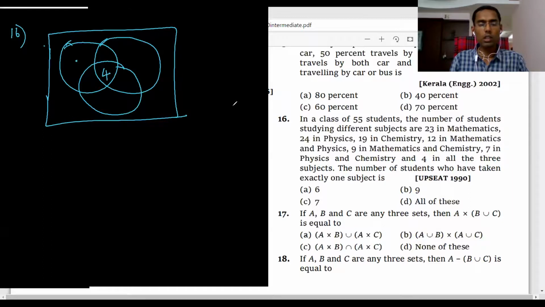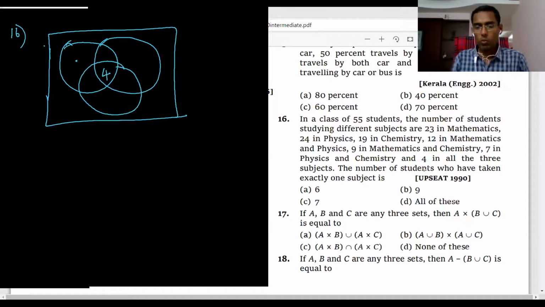Somebody is annotating, unnecessarily writing on my screen. They were writing yesterday, and somebody is making noise, somebody is laughing. That behavior is not expected from you people. So please mute means you must mute. Otherwise, if I mute everybody, you cannot ask doubts. That is a problem. Anyway, I muted now.